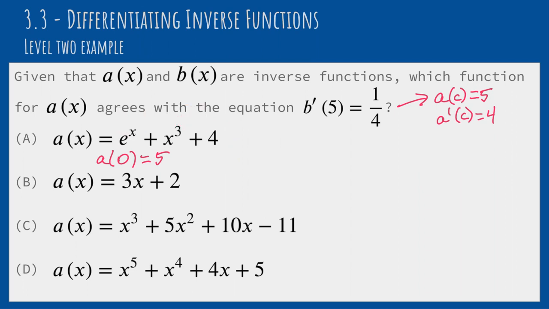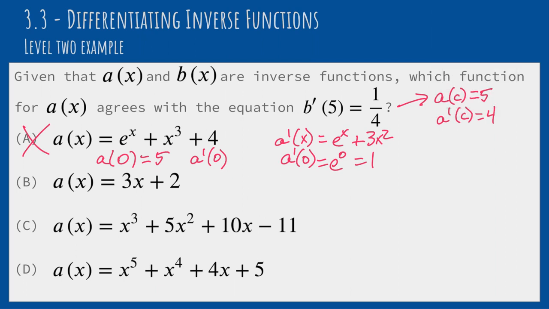So we want to know what a prime of 0 is. If that's 4, then this is going to be our answer. The derivative a prime of x is e to the x plus 3x squared. So a prime of 0 is e to the 0 plus 0, which is 1. So this one does not work.